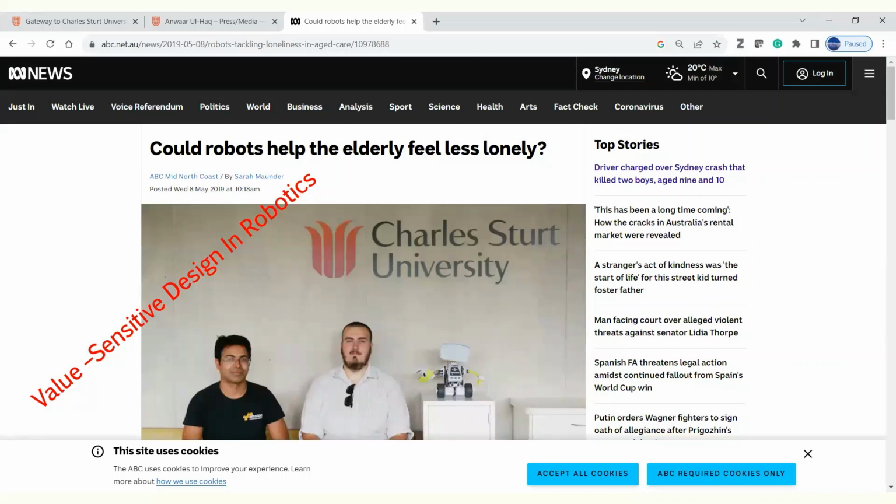This framework originated during a study on how to take care of the values of senior citizens while redesigning robots for them. That has attracted a lot of attention in the media and also in the literature, on how value-sensitive design can really help to design good digital systems and AI systems.